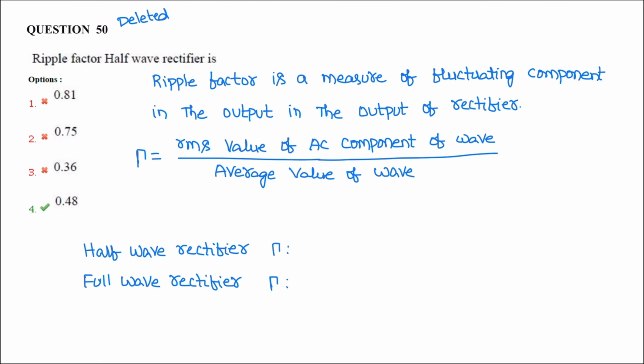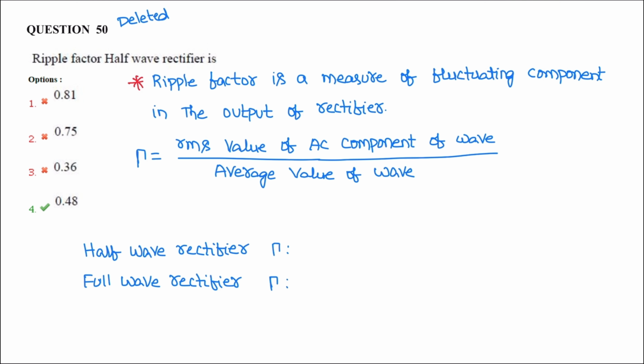Question number 50. The ripple factor of half wave rectifier is. We know that ripple factor is a measure of the fluctuating component, the AC component, in the output of a rectifier. This ripple factor is given as RMS value of the AC component to the average value of the wave.